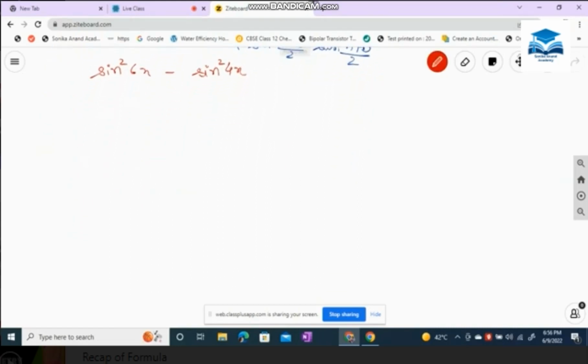Now we can write it in this way: A square minus B square, which is equal to A minus B times A plus B. So using this formula, we can write it as sine 6x minus sine 4x in one bracket, and sine 6x plus sine 4x in another bracket. Okay?